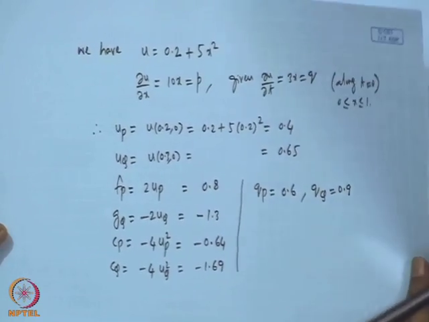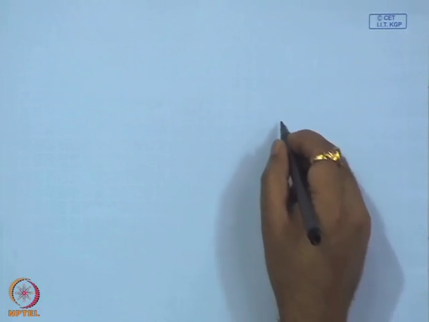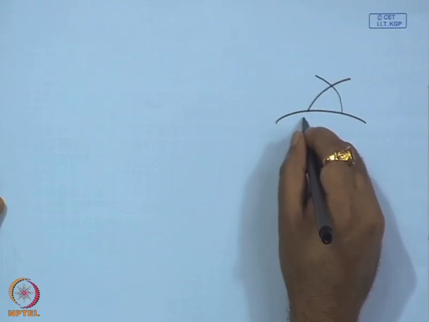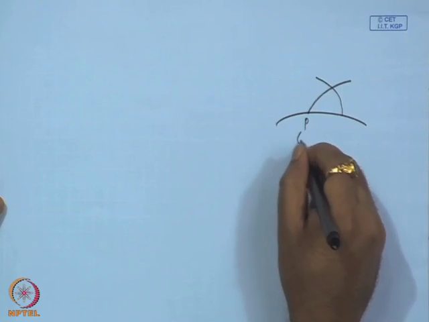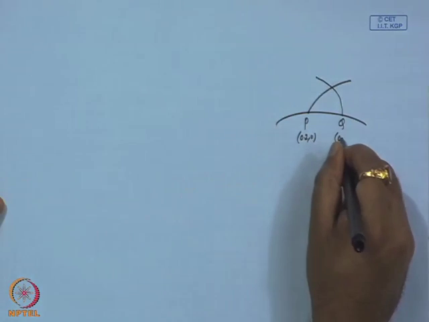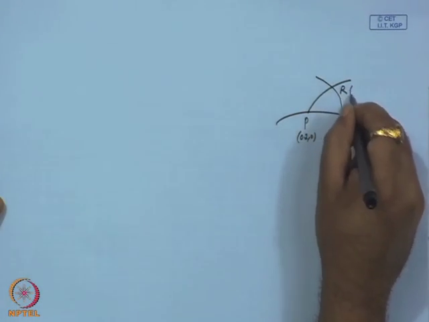So, now let us first compute the point. This is p and this is q. So, now r.